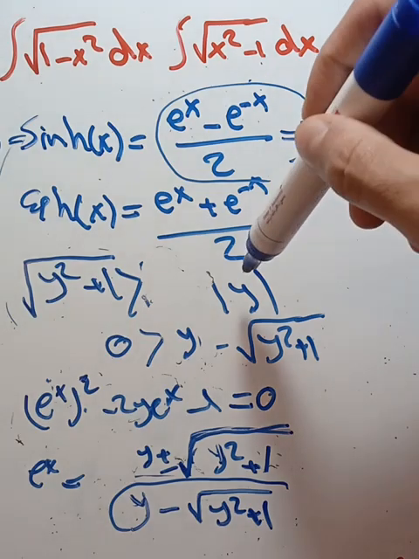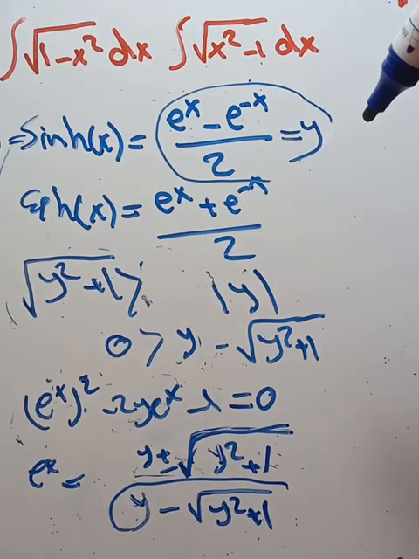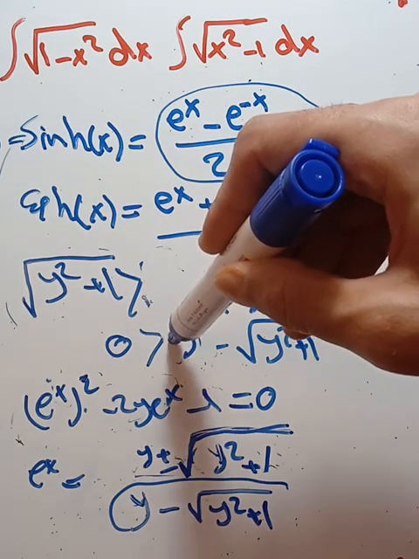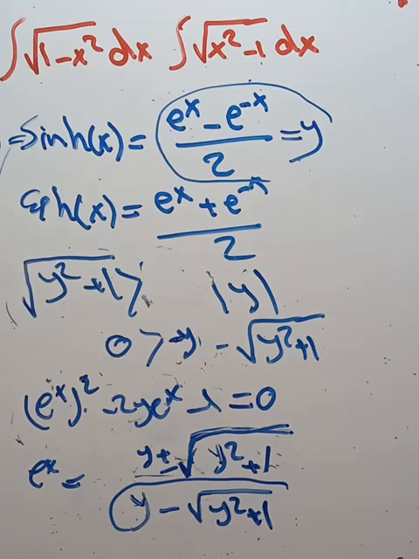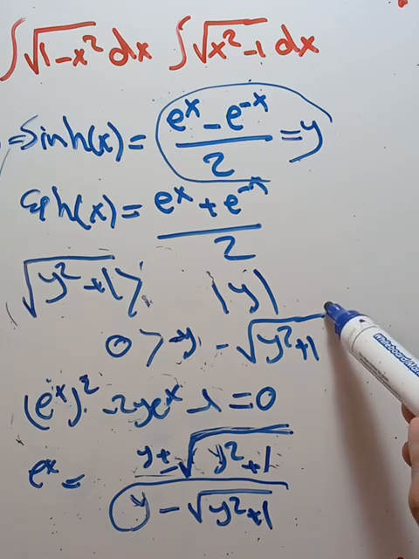And what about the negative y? For the negative y, it would be minus y, which itself is bigger than this.